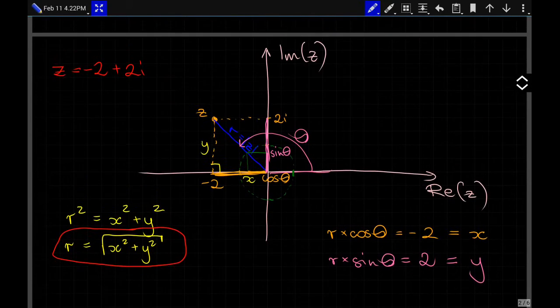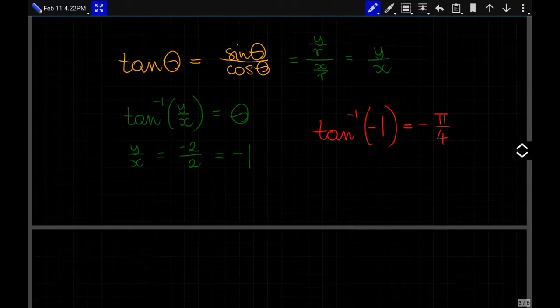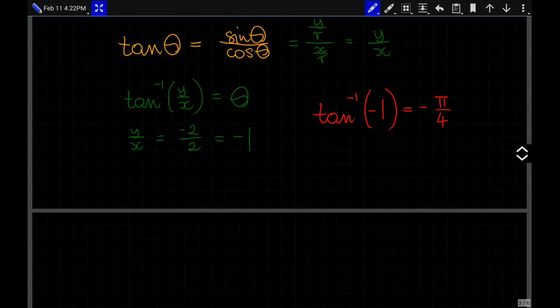But if you have a look at the picture, -pi/4 is this angle. But we need the angle to be on this side, so we need to just add pi to it. Therefore, -pi/4 plus pi is simply 3/4 pi, and that is our theta.